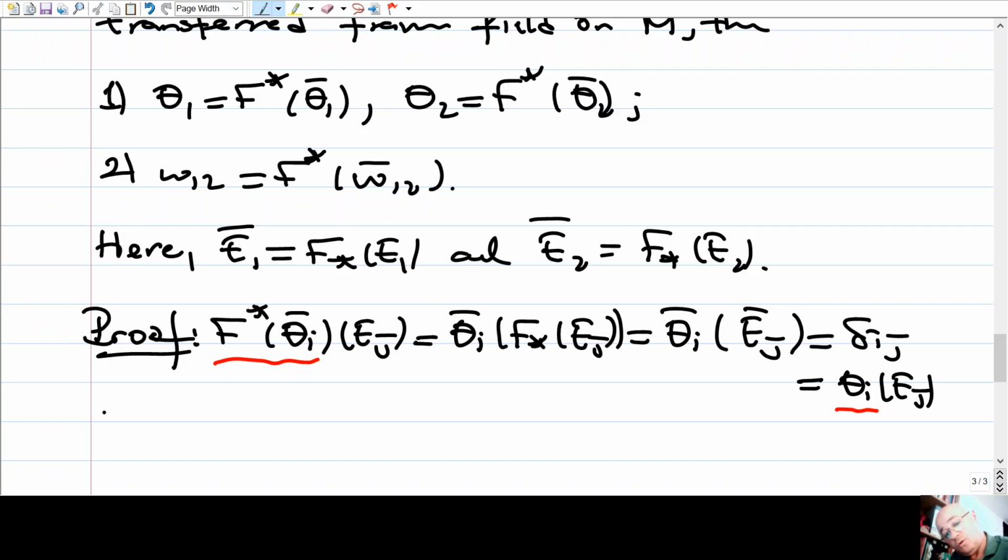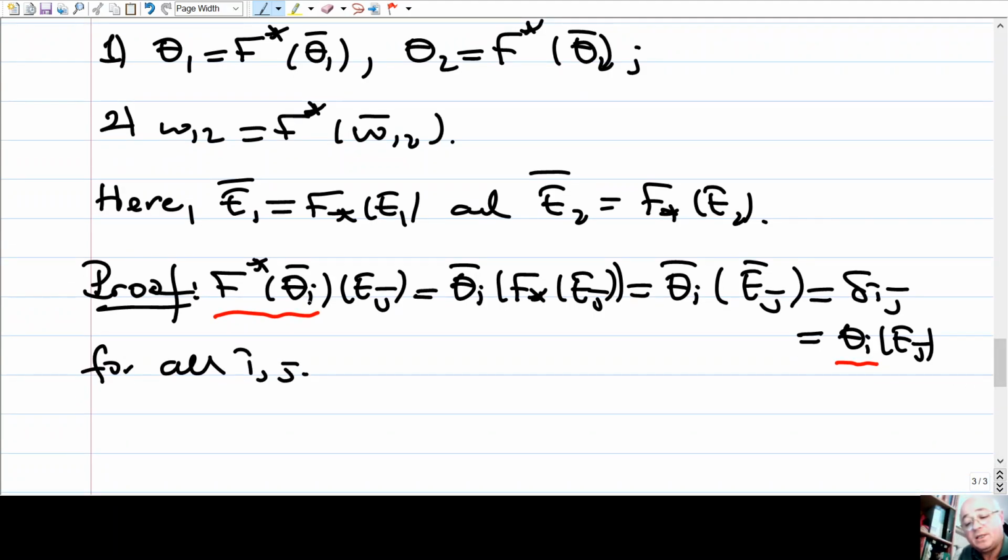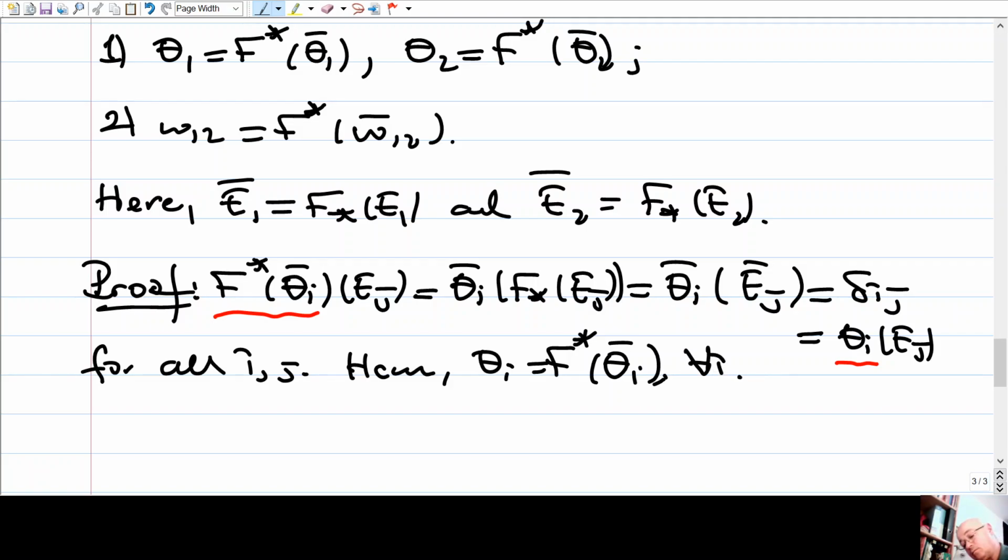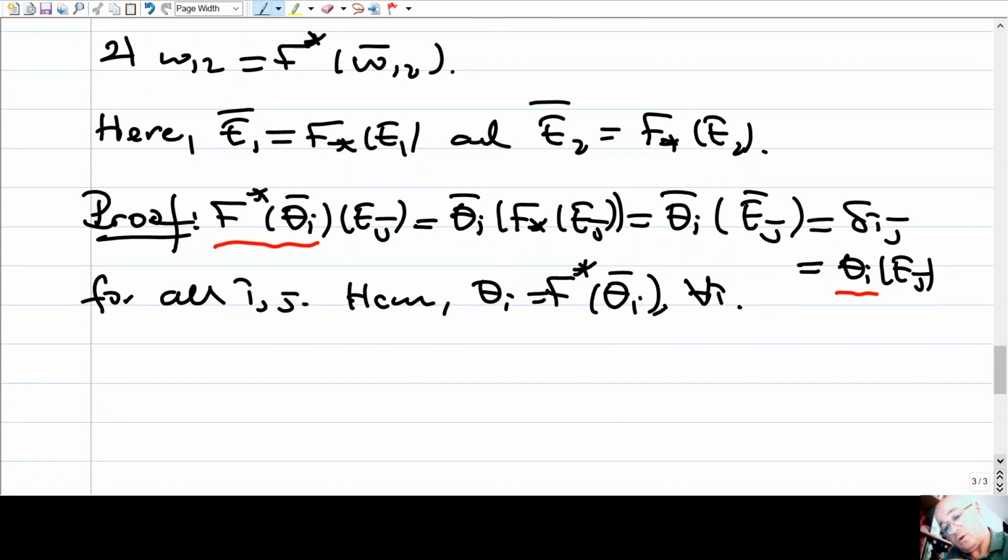So this is true for all i and j, but in particular for a fixed i, it holds for all j. This means this one form and this one form are the same. Hence, theta i is equal to f star of theta i bar, for all i. Okay, so this proves the first assertion.